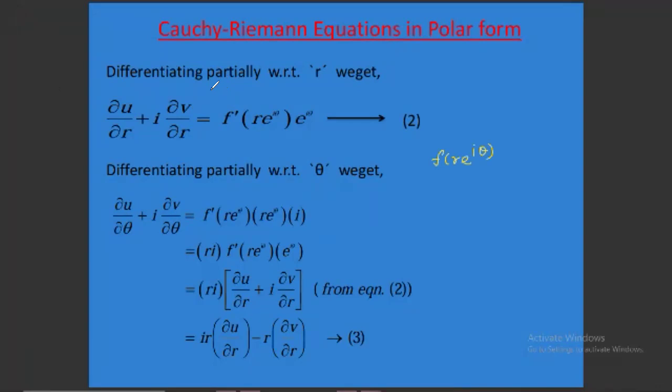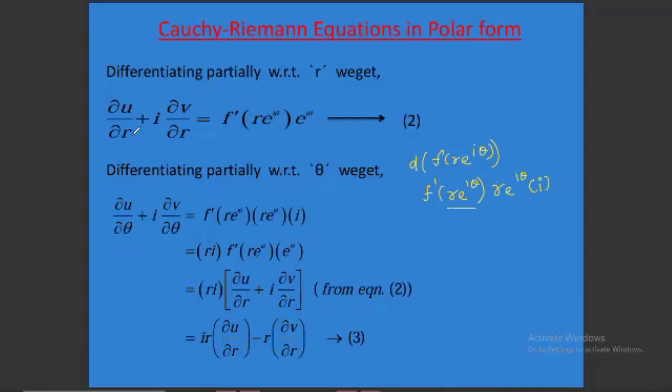So, differentiate this term, f dash of r into e power i theta. Then I am going to differentiate r into e power i theta with respect to theta, so into i.